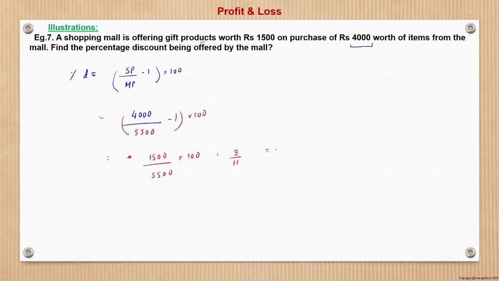So we can write 1 by 11 is 9.09%. So 3 upon 11 is 27.27% discount. So the percentage discount is 27.27%. Right, so this is the answer to this question. Very simple one.